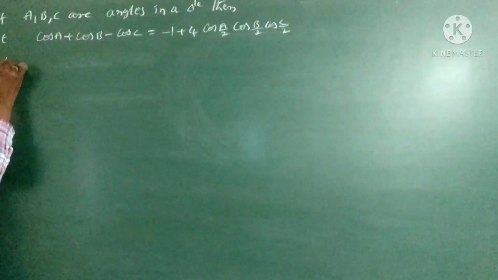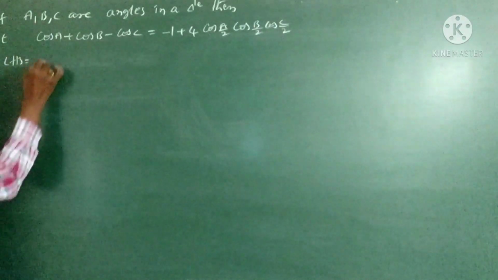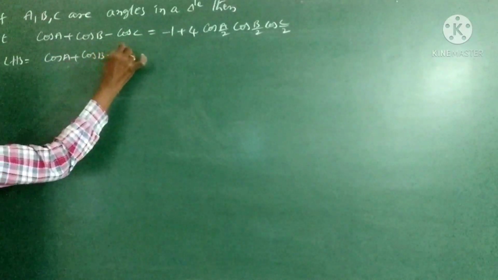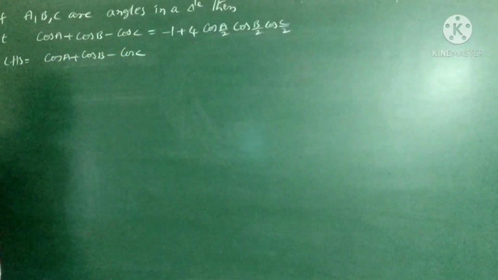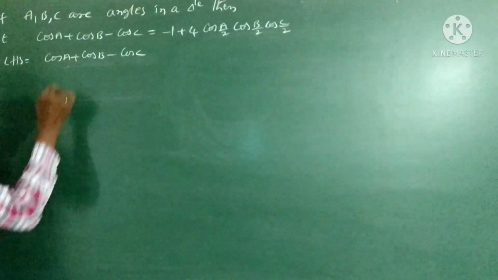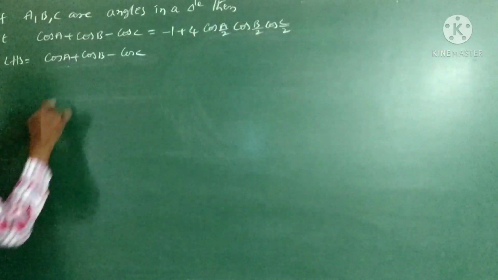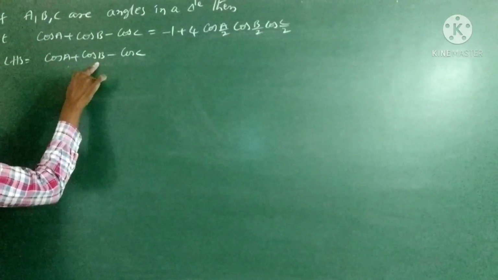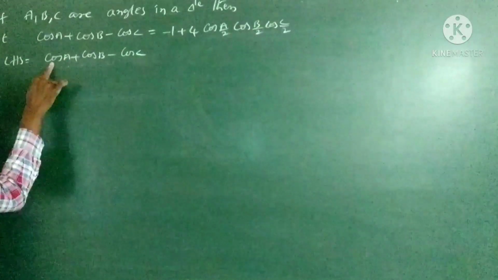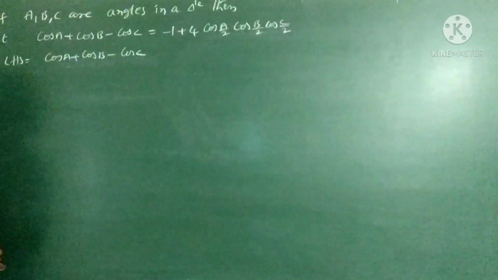I am taking the LHS. What is the LHS? Cos A plus cos B minus cos C. So it is the LHS of the problem. Now what is the first step? If these angles are A or 2A, use the CD formulas. Now here we have the cos C plus cos D formula.